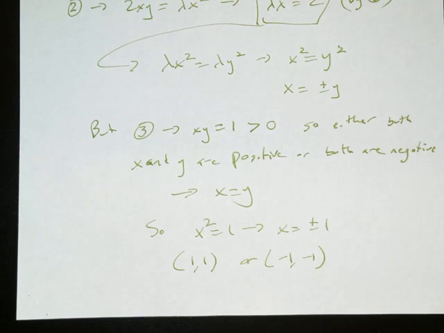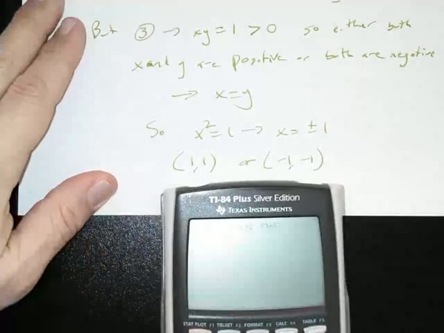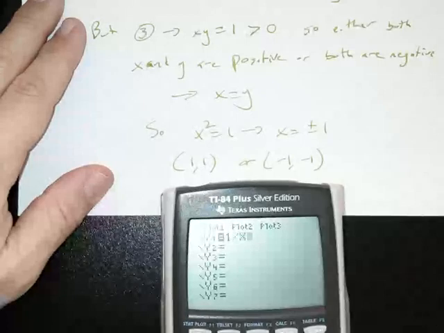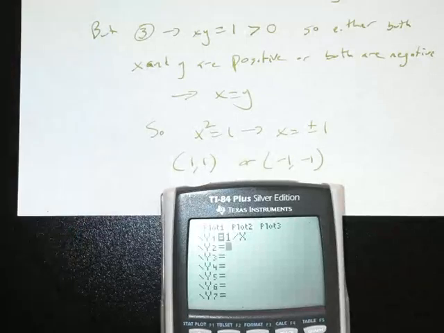I claim those two are the points on this curve that are closest to the origin. Wait a minute. xy equals 1. That's the graph. y equals 1 over x, right?